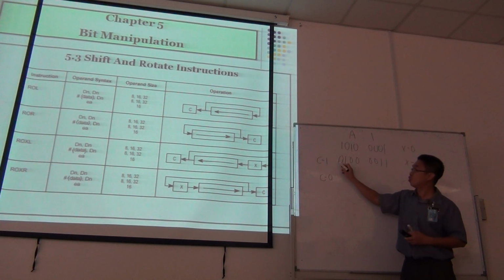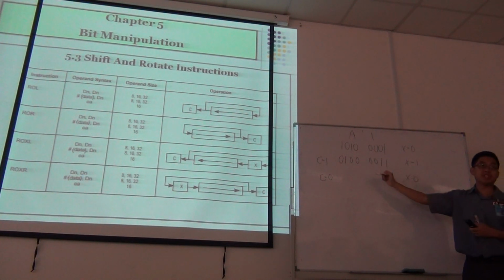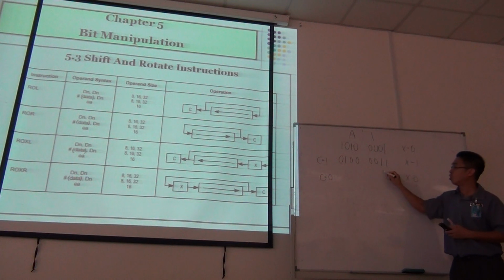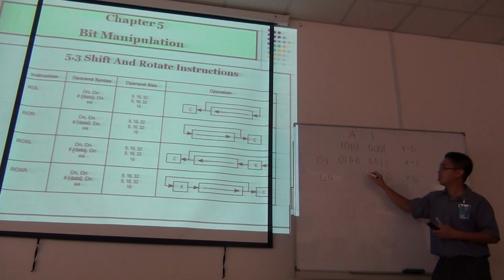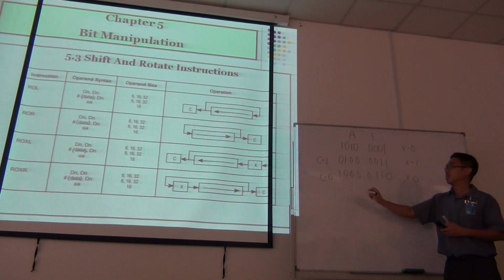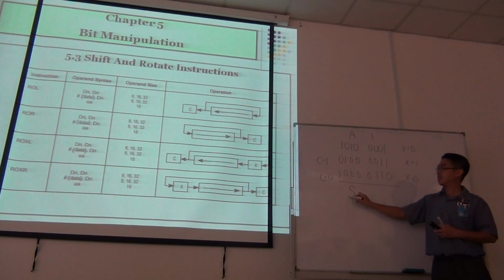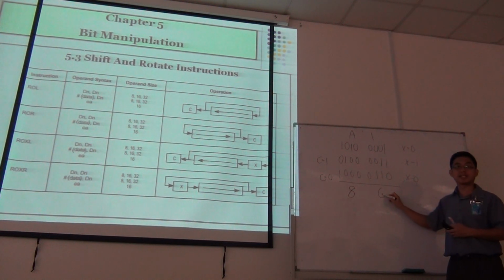The same value will be copied to x. X is equivalent to 0, and push inside here 0 1 1 0 0 0 0 1. The answer is 8 6. Correct?